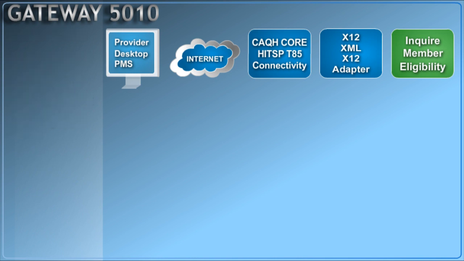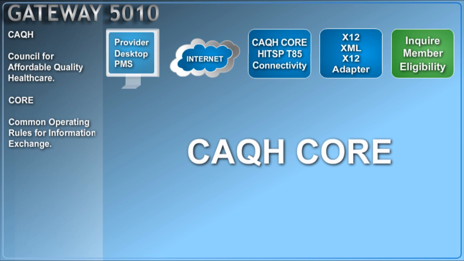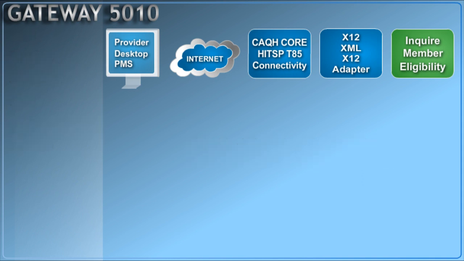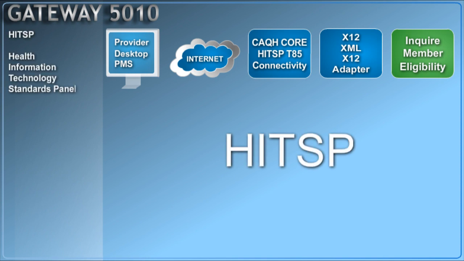The Gateway 5010 project had a secondary goal that was to use other industry initiatives such as CAQH's CORE, CAQH standing for the Council for Affordable Quality Healthcare, and CORE standing for the Common Operating Rules for Information Exchange, along with HITSP, standing for the Health Information Technology Standards Panel.